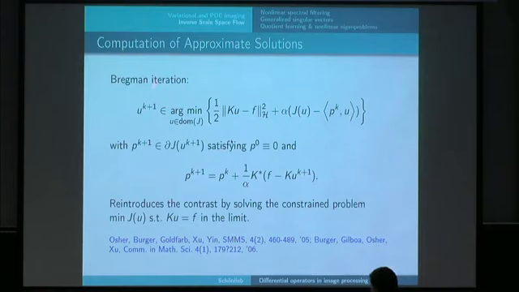The constraint Ku equals F is integrated into that in terms of an augmented Lagrangian term with Lagrange multiplier p, which in this case turns out to be an element in the subdifferential of this regularizer. And then the thing you need to do to solve this is compute the minimizer of this problem, which is almost the same as the penalized problem, and then you update the Lagrange multiplier in every iteration. What you can show is that in the limit, you are solving the constraint optimization problem, as I said before.